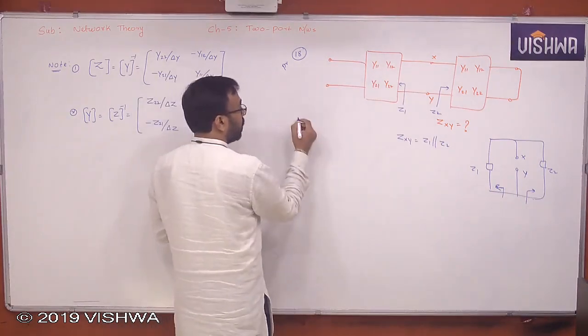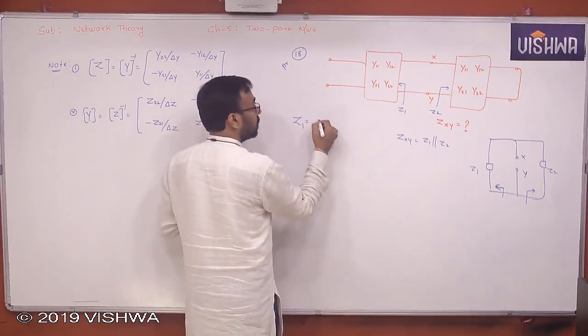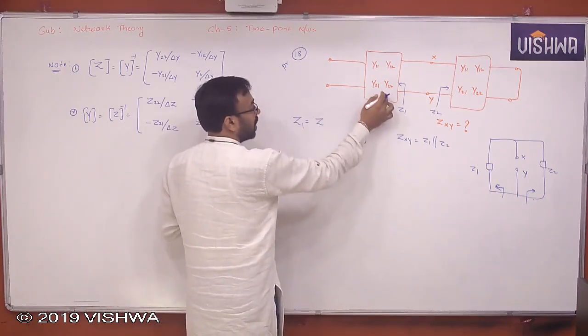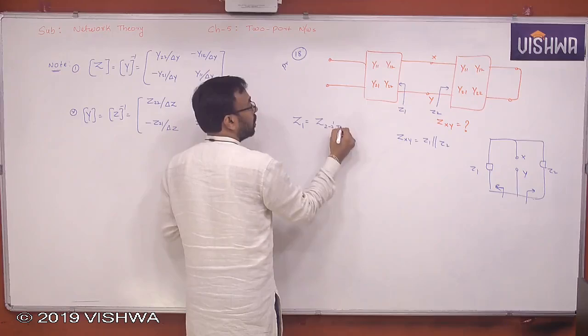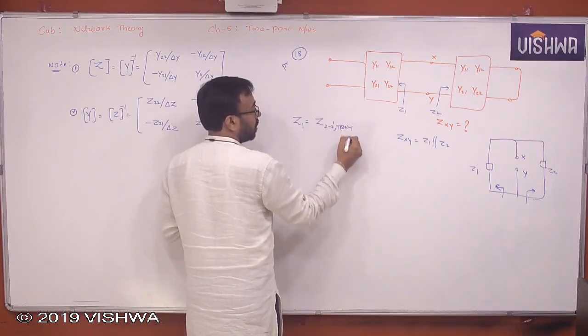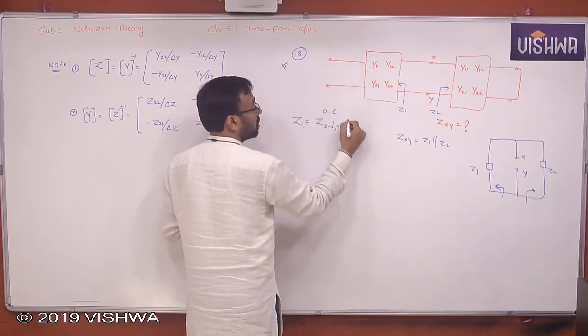So what is Z1 actually here? Z1 is nothing but Z22 of the first two-port network, because this is open at the terminals. How do you define it?